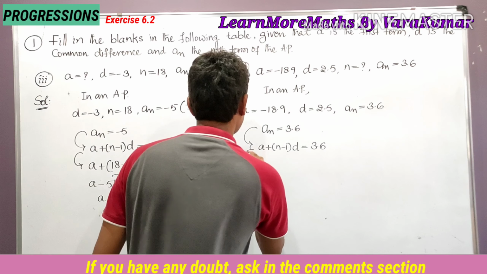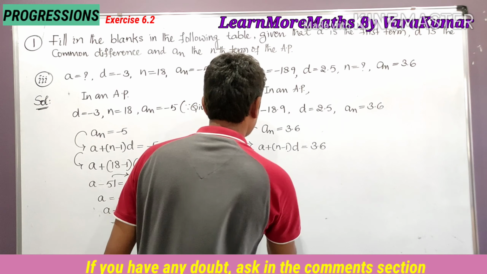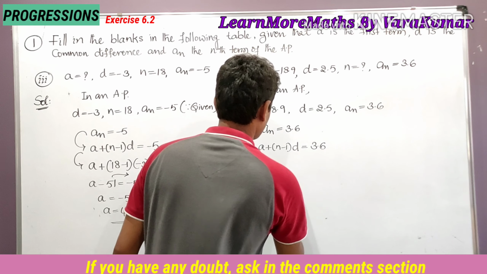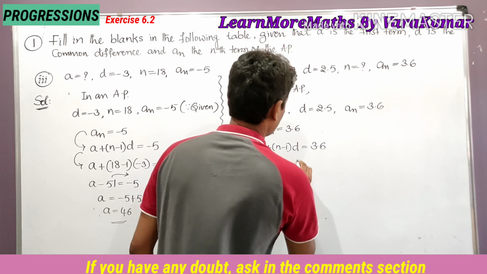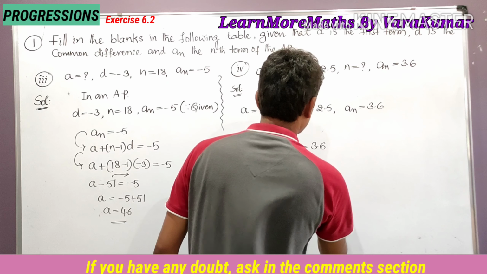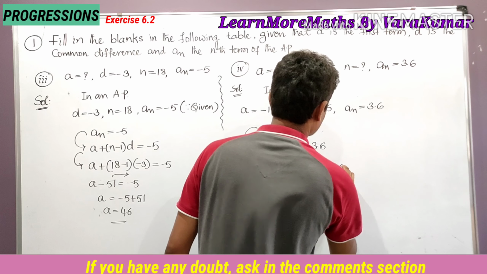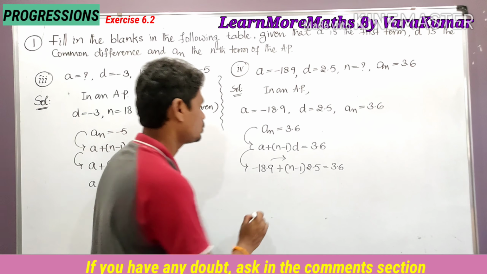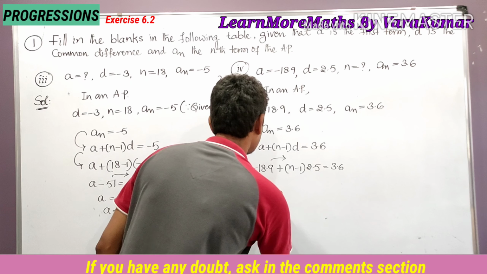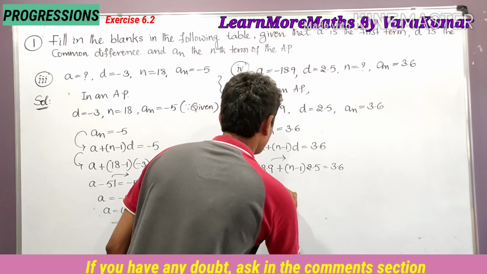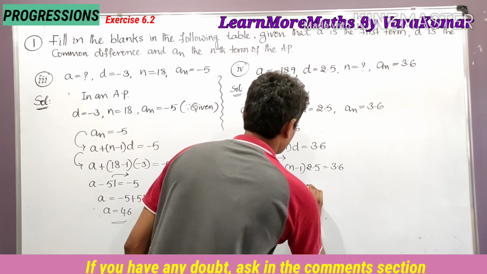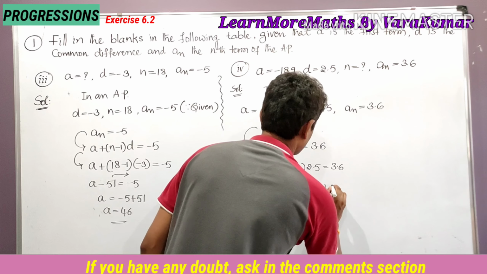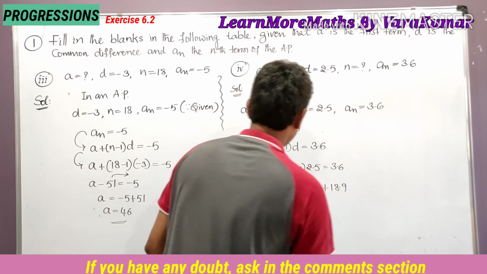So we have a is minus 18.9 plus n minus 1 into d value 2.5, is equal to 3.6. So take minus 18.9 to the right side, student. Here on the left hand side 2.5 into n minus 1 is equal to 3.6 plus 18.9.